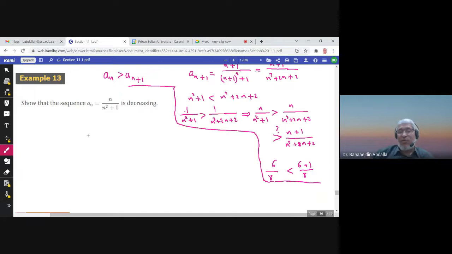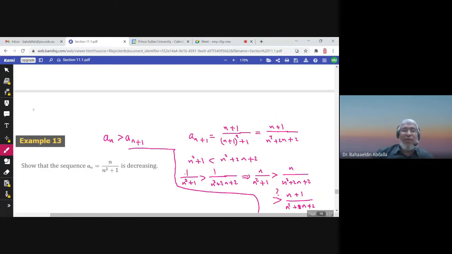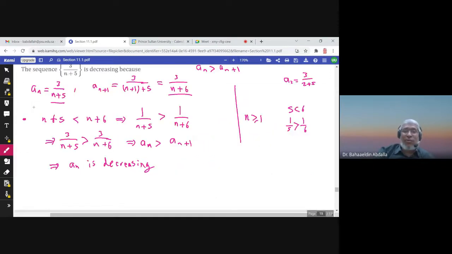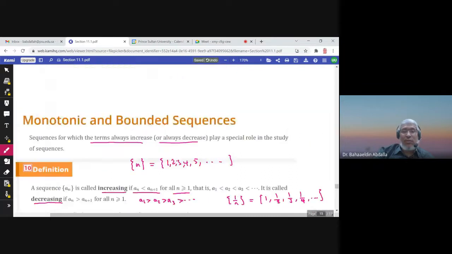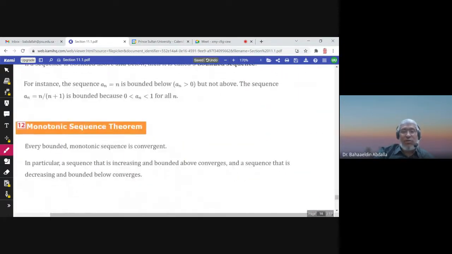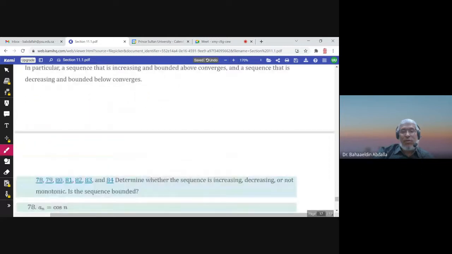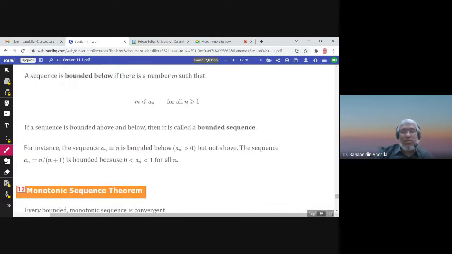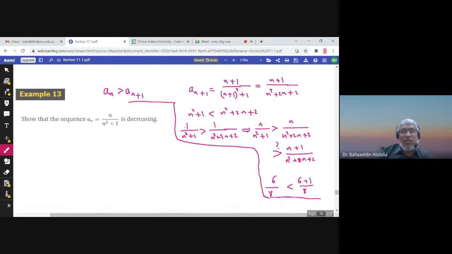Yeah, of course. In calculus 1, we studied that if f prime is greater than 0, it should be written here somewhere. If it's not written, I will write it.